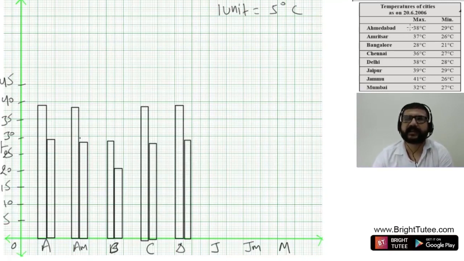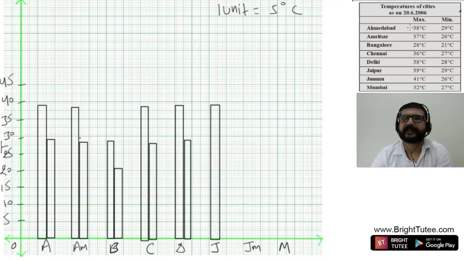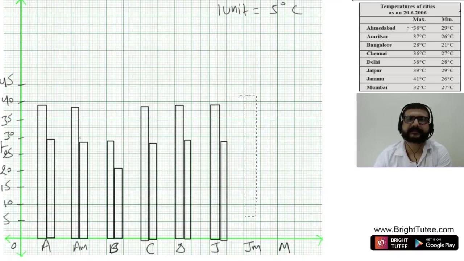Now after Delhi, we are having Jaipur. The maximum temperature here was 39 degrees Celsius. So it will be like this. And then the minimum was 29. So it will be like this. Then we have Jammu. The maximum is 41. So it will be like this.